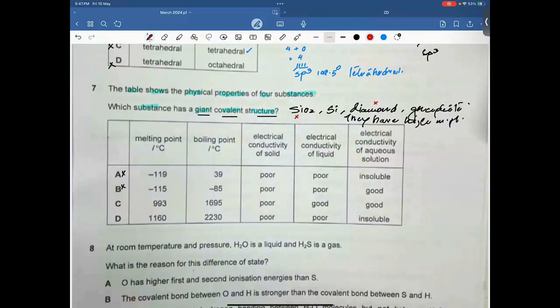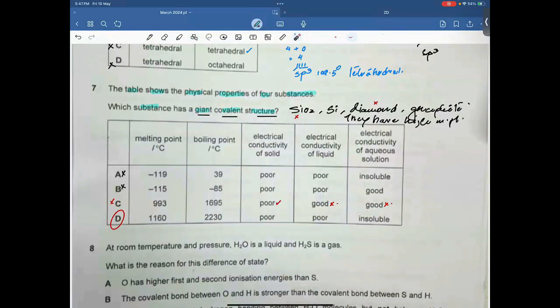So the electrical conductivity of the solid is poor. SiO2 and diamond cannot conduct. Electrical conductivity of liquid: diamond cannot exist in the liquid state. In fact, graphite cannot exist in the liquid state. Diamond, graphite, sand, and silicon cannot exist in aqueous solution. So obviously C is also incorrect, and therefore D is going to be the right answer.